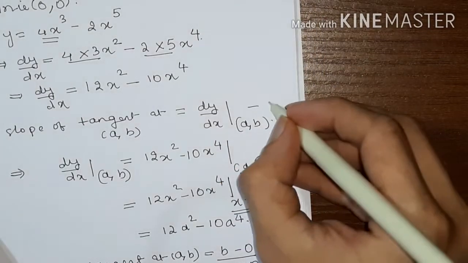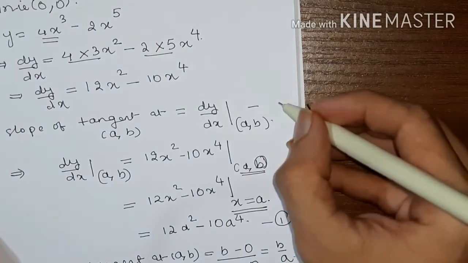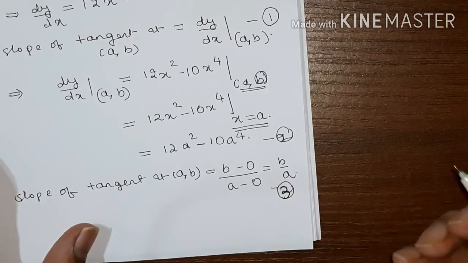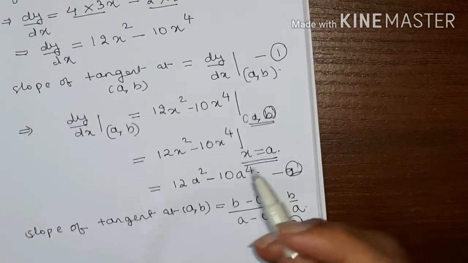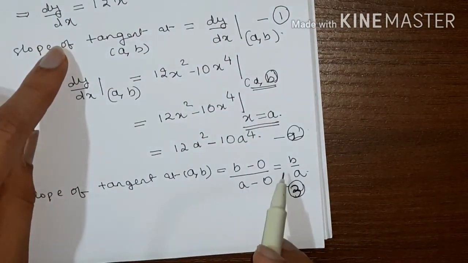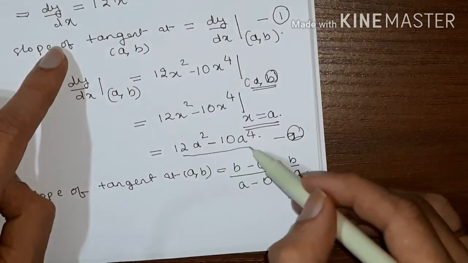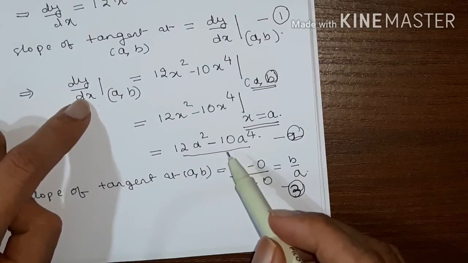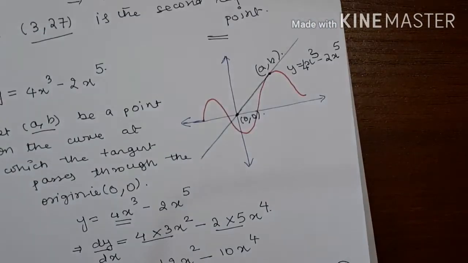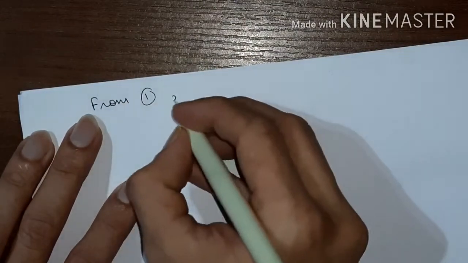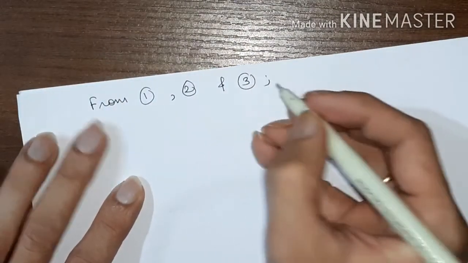Now we can number this as equation 1, this as 2, and this as 3. From 1, 2 and 3, the slope of the tangent at (a, b) is equal to this.